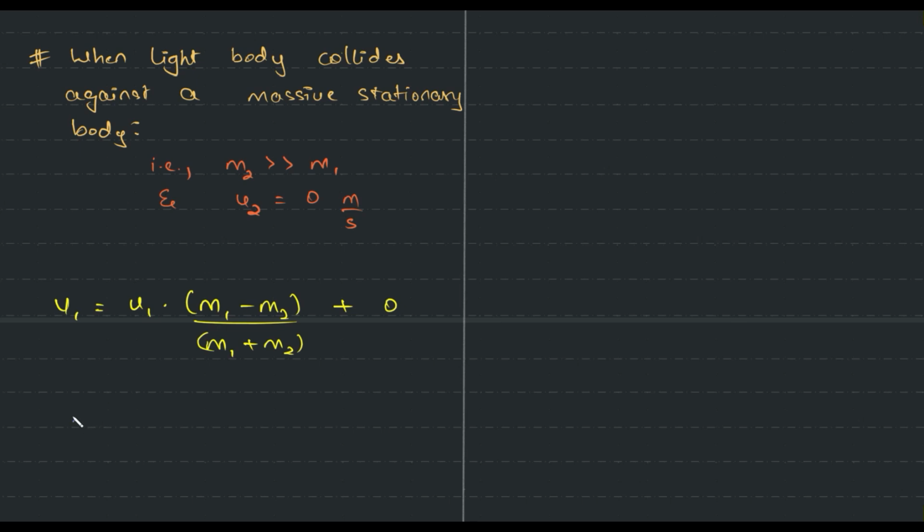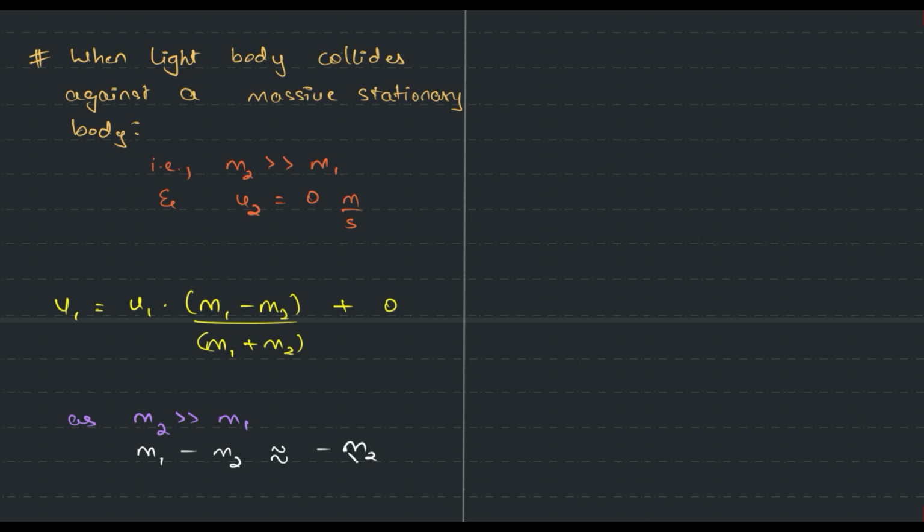See, as m2 is much greater than m1, m1 minus m2 can be approximated to minus m2. You guys agree? It's like subtracting 0.0001 from 1000. So 0.0001 minus 1000 is minus 1000 itself.